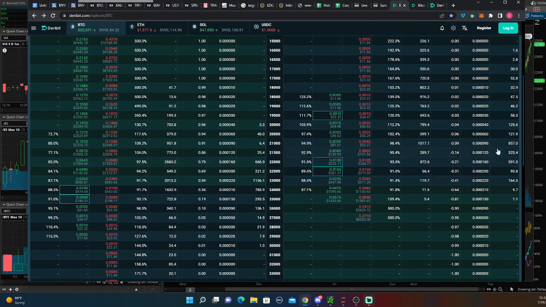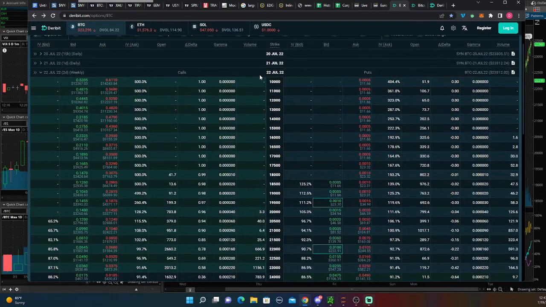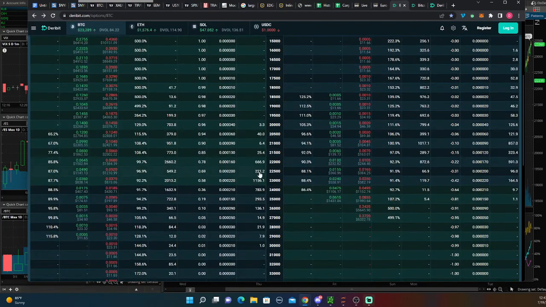On the puts, it was 591. Actually, really early in the morning, in the wee hours, this said like 800s, 900s. This is only the volume on Deribit. They only report the last 24 hours, so probably from maybe 28, 29 hours ago, something like that.